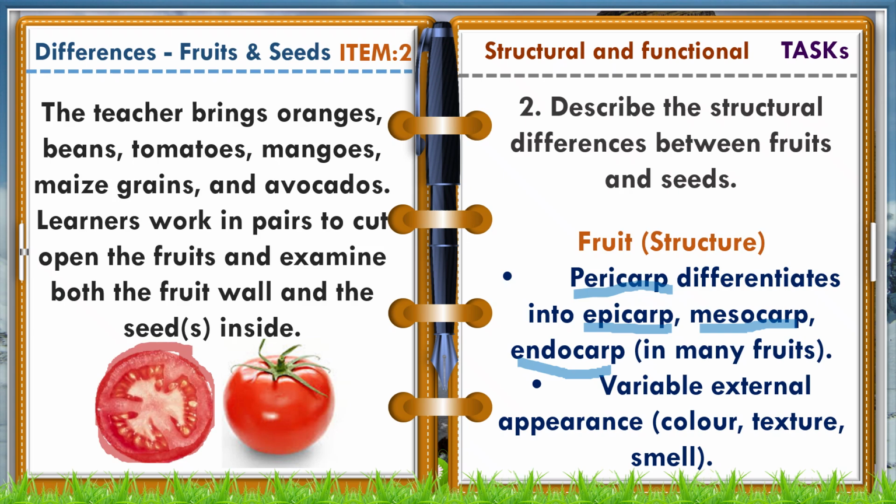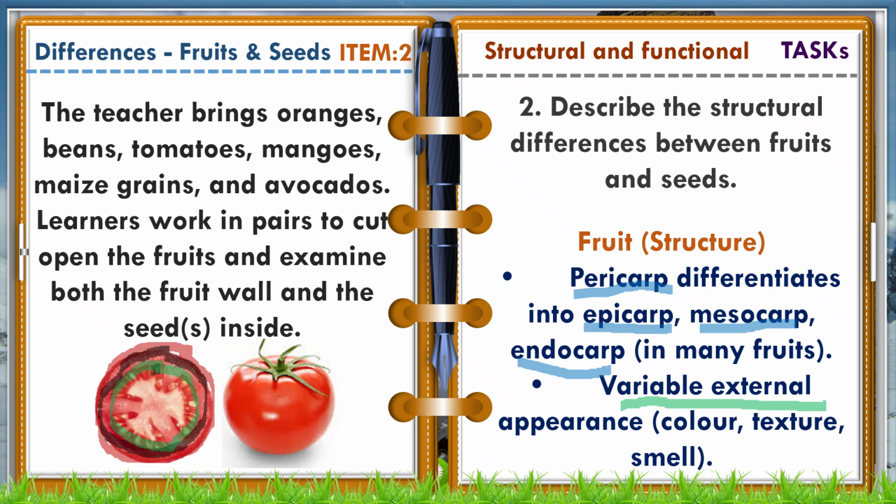Then the middle fleshy layer is what we are calling the mesocarp. And then the inner part is what we are calling the endocarp.